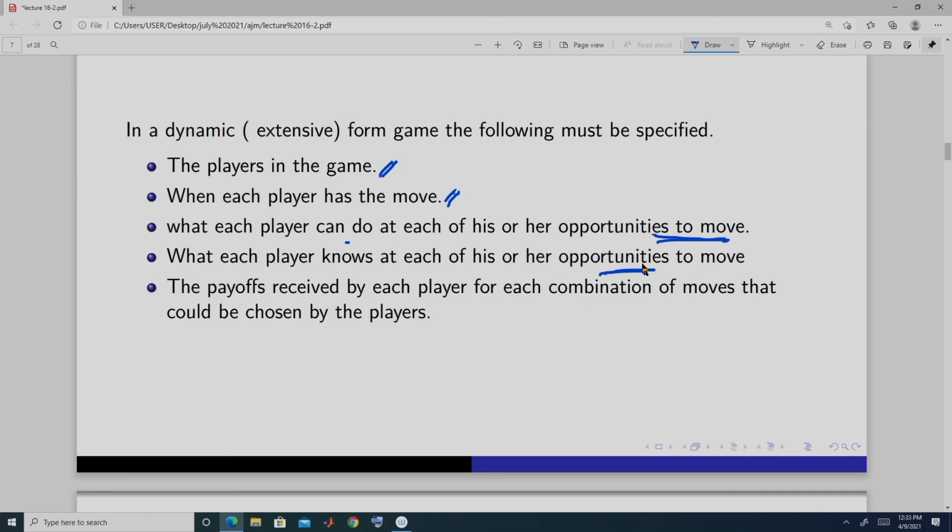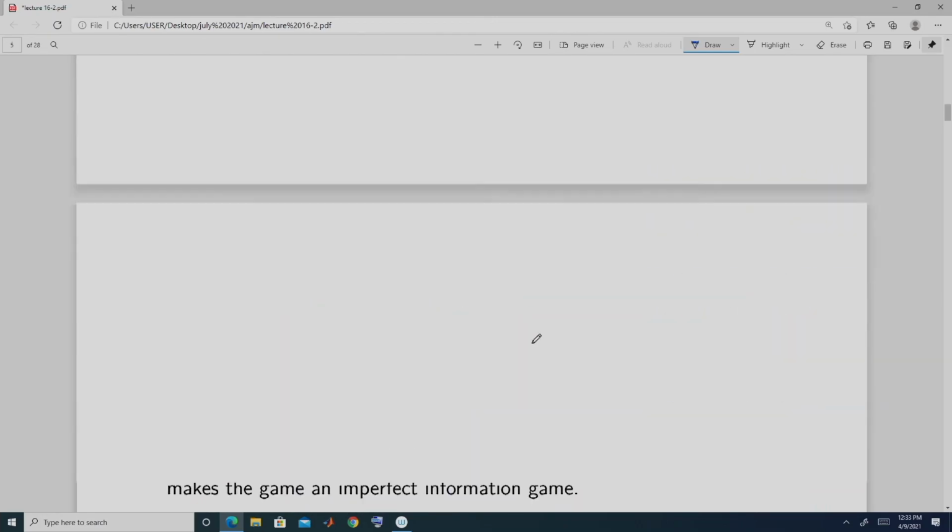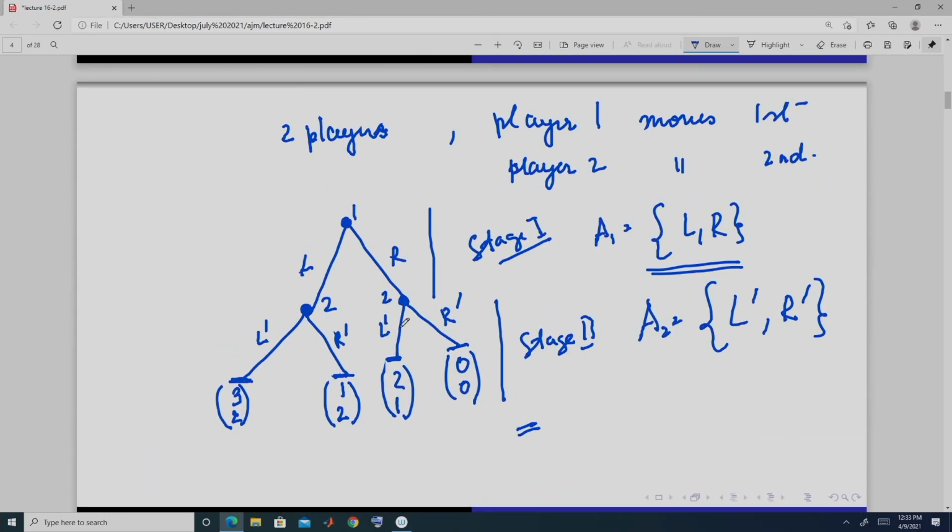So this is required, because here player 2 does not know whether it is in this node or in this node, since player 2 has not observed the action taken by player 1. But in this game, player 2 has observed the action of player 1 in stage 1. So player 2 knows whether it is in this node or in this node while making a decision in stage 2.